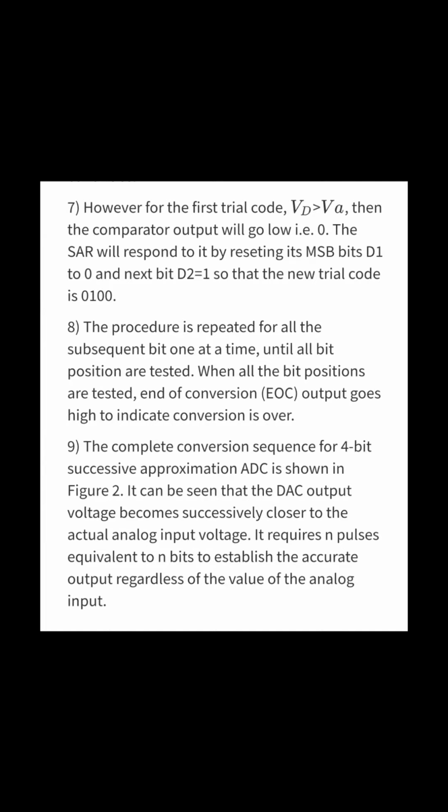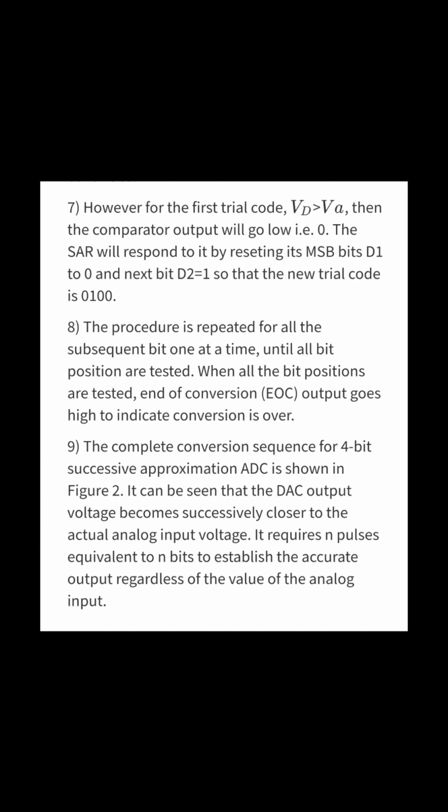The procedure is repeated for all the subsequent bits one at a time until all bit positions are tested. When all the bit positions are tested, the end of conversion output goes high to indicate that conversion is over.